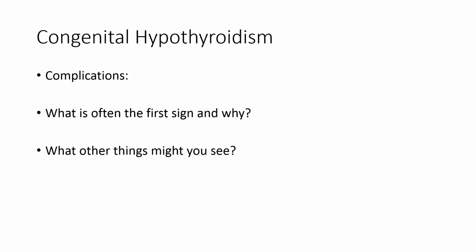So initially you may not see the problems, but prolonged jaundice due to the hepatic system failing to conjugate the bilirubin may be the first sign that we see. A hoarse cry, an enlarged tongue, the baby is very sluggish or has an enlarged abdomen, possibly even an umbilical hernia. These are other things that you might see with congenital hypothyroidism.